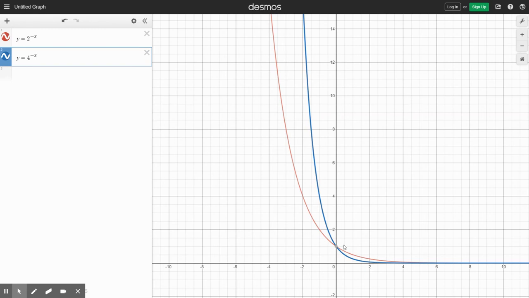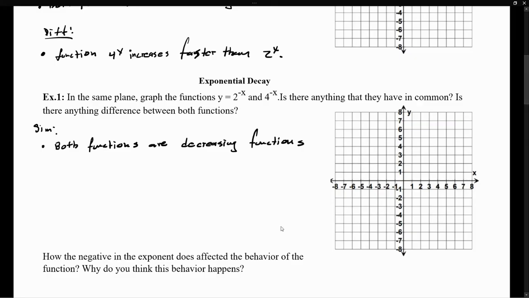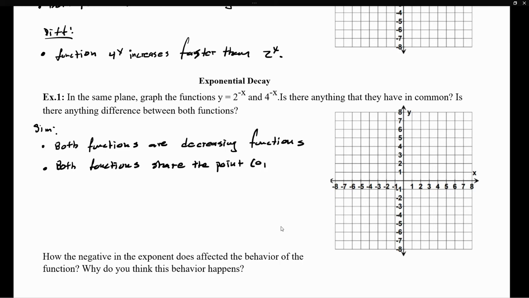Well, notice that they still go through the point 0, 1. So both functions share the point 0, 1. And that is because of the same idea.